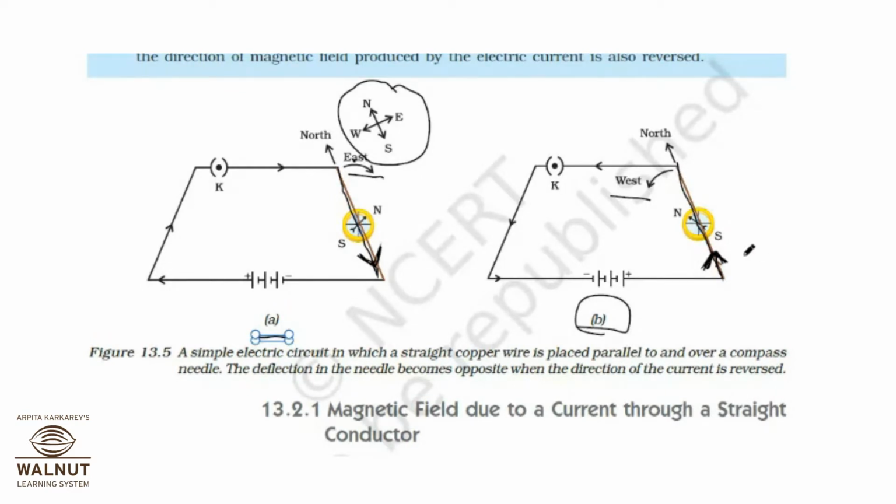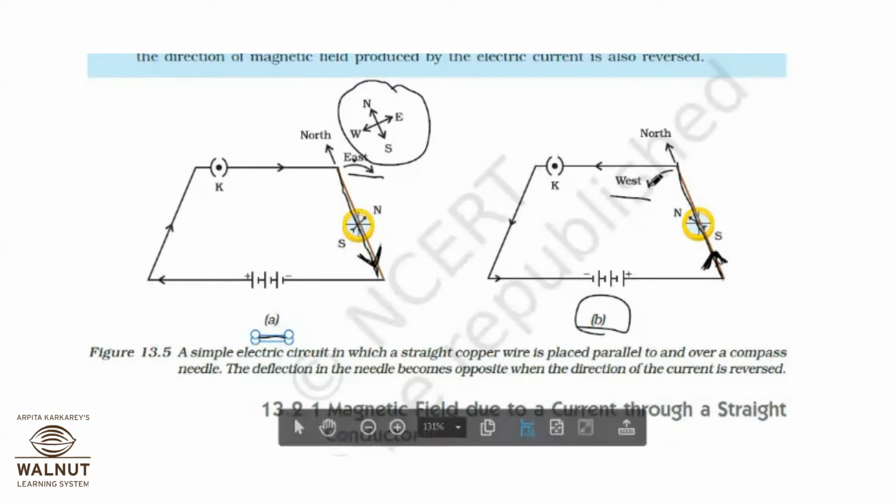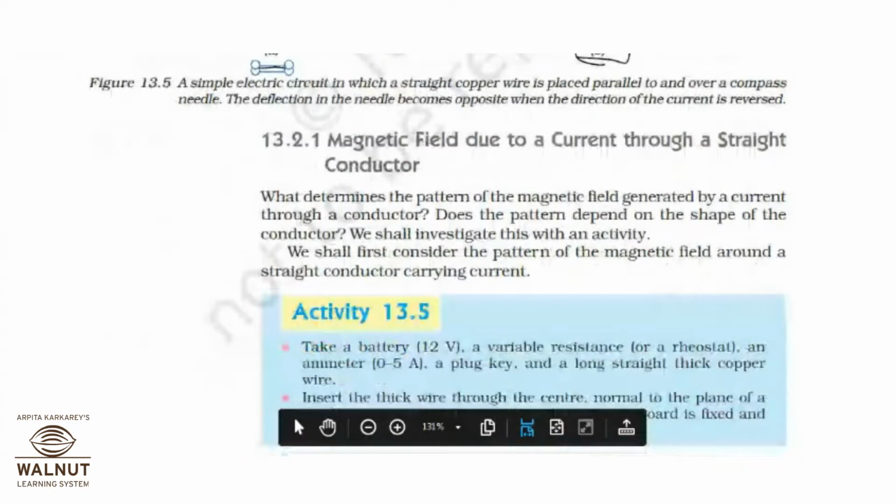This signifies that we can change the deflection of the magnetic needle by changing the direction of the current. Okay, we have seen that current and magnetism are both interconnected terms. So if we want to reverse the deflection of the magnetic needle or magnetic compass, then we have to reverse the direction of the current. This is the simple thing that they want to tell you in figure 13.5.